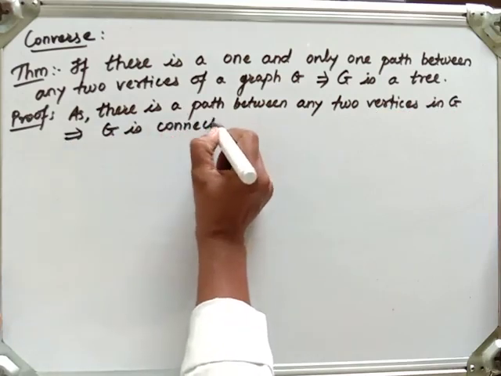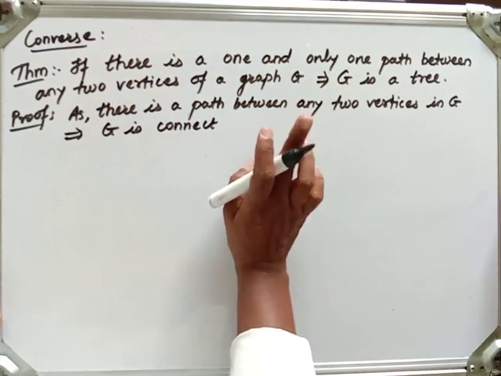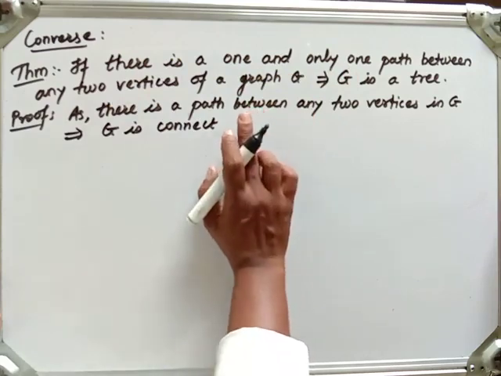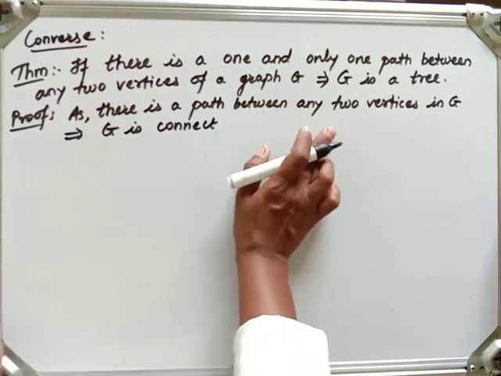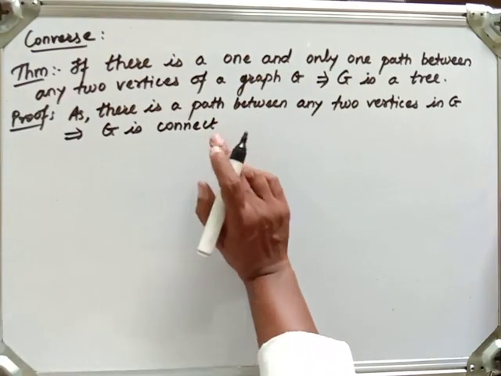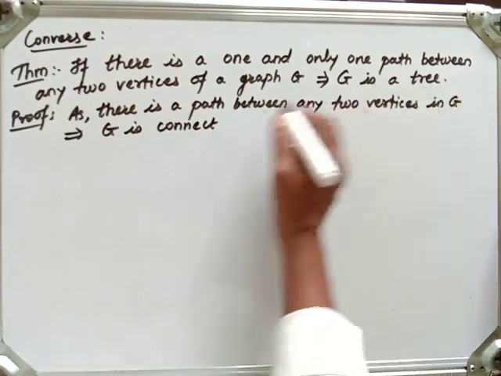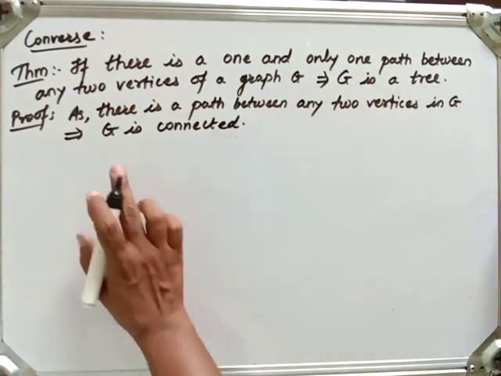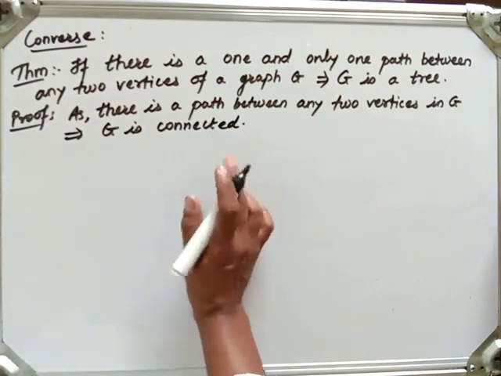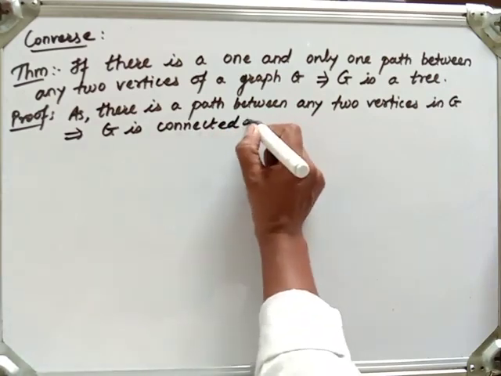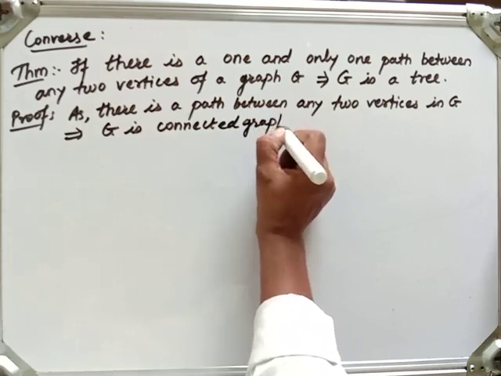It is given to us there is one and only one path between any two vertices of a graph G. So if there is a path between any two vertices in G, means what? G is connected. We have to prove G is a tree, means we have to prove that G is connected as well as circuitless. So first of all, it is from the given thing that G is a connected graph.